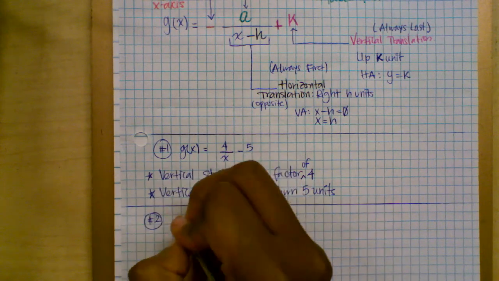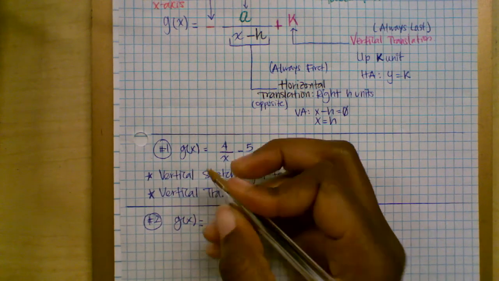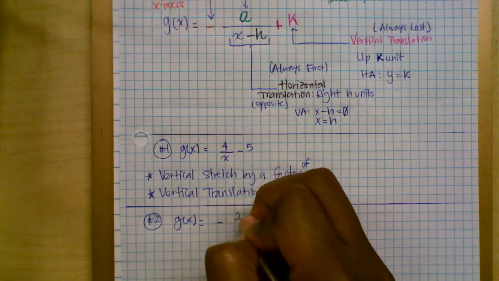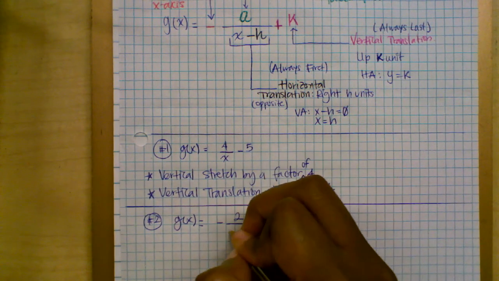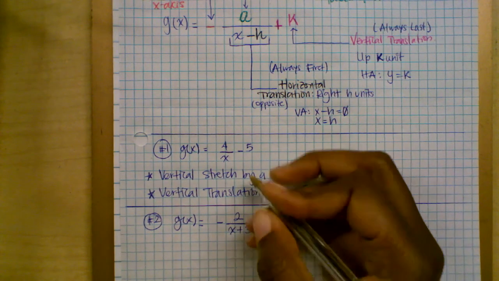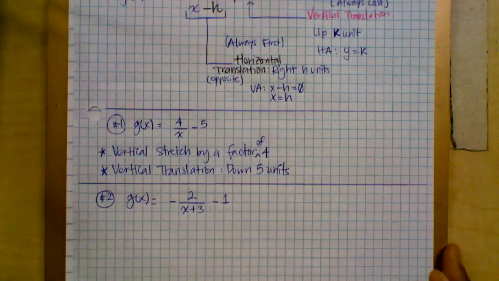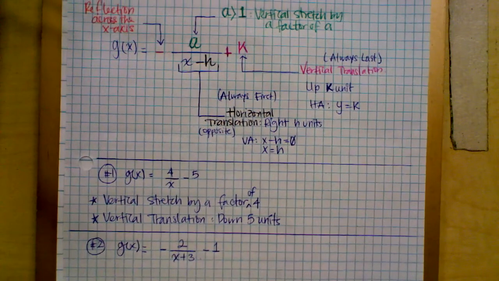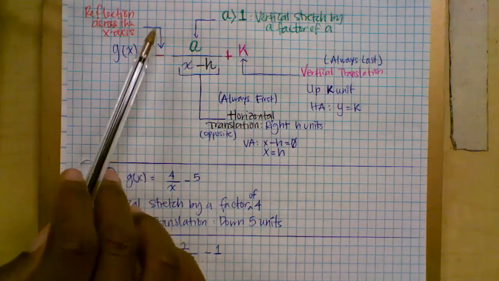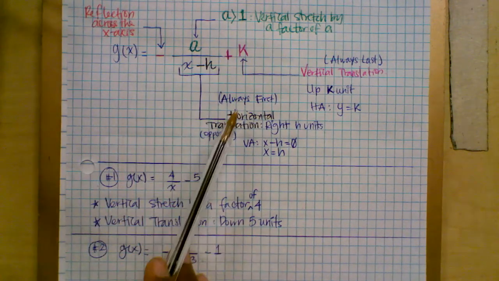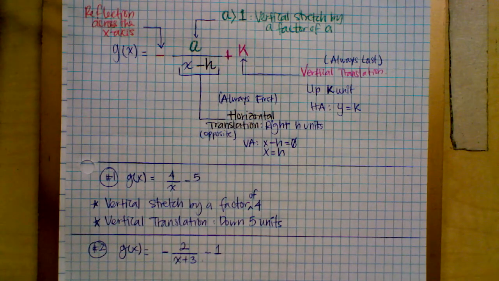Okay, number 2, again, g of x is equal to -2 over x plus 3, minus 1. Again, you want to use the transformations from above. Look at each one, okay, and describe the transformation. Pause the video and describe the transformation by yourself.